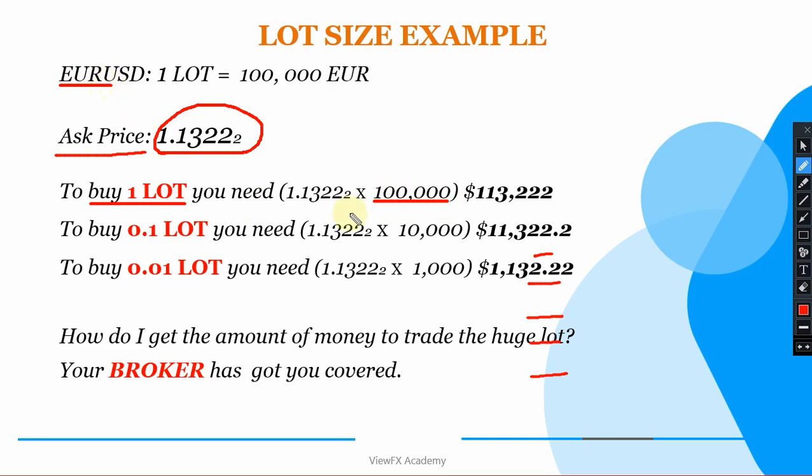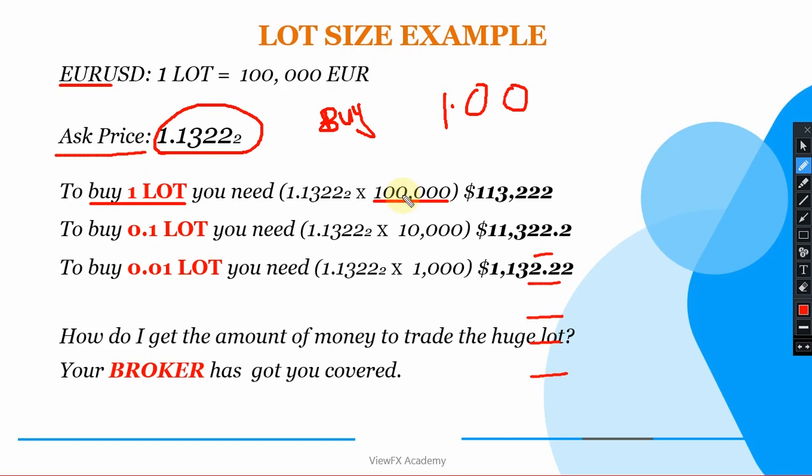So when you click buy and you choose 1.00 as your volume, which is a standard lot, what you're buying is the price multiplied by the units.